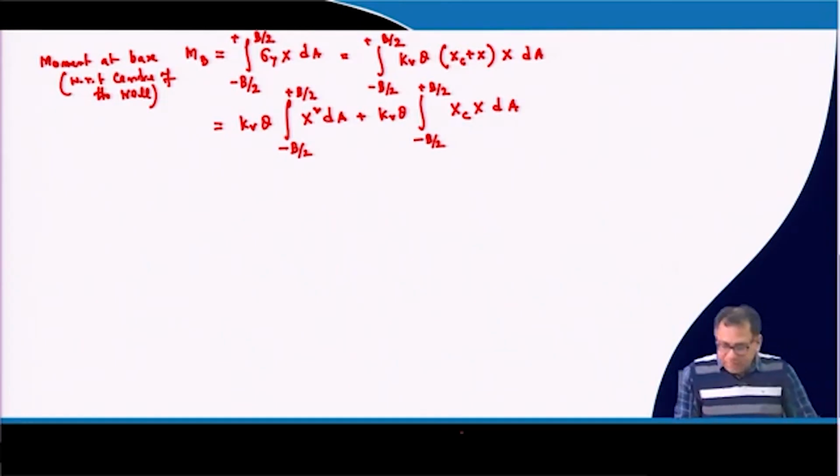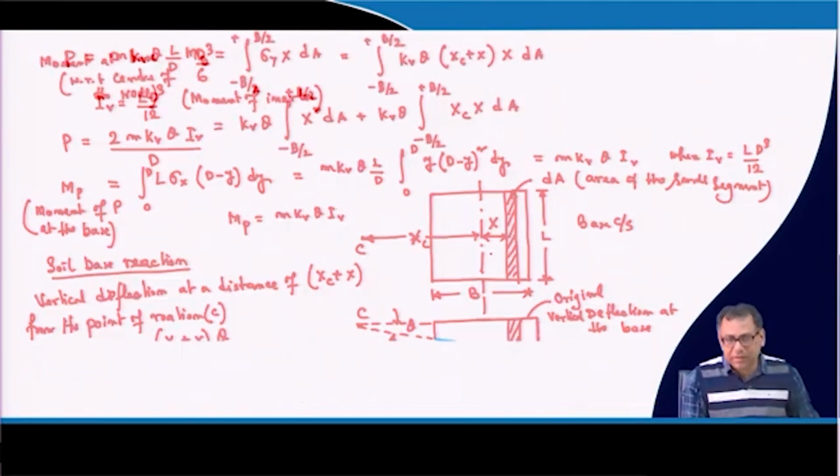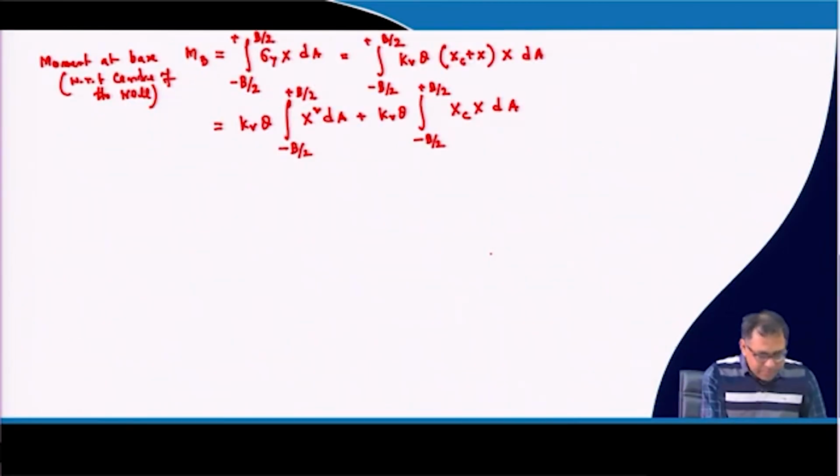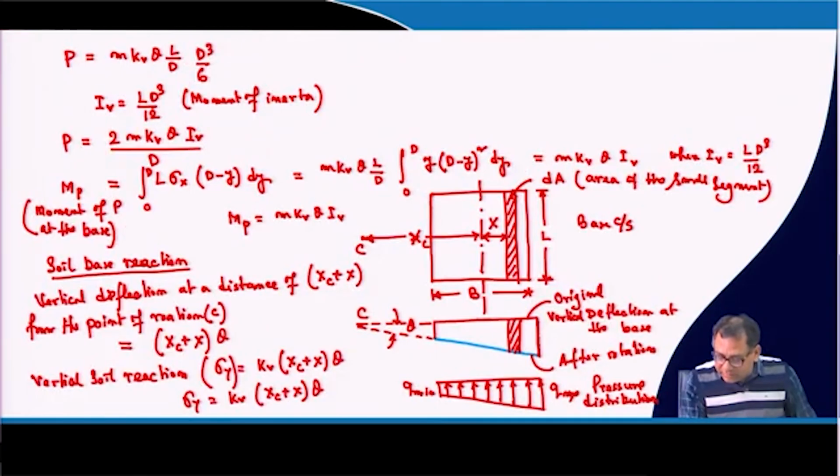Now, the origin, that means the origin where we are taking this moment, is basically the CG of the well, or the base. So the origin is at the CG of the base, and on that CG the reaction will act.